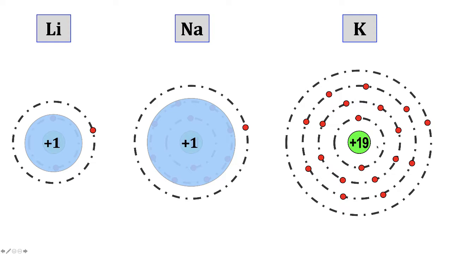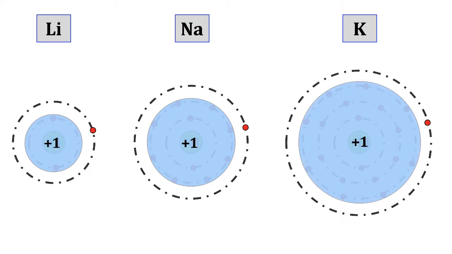Exact same idea, but with different numbers for potassium. 19 protons surrounded by 2 electrons in the first shell, 8 electrons in the second shell, 8 electrons in the third shell, 1 valence electron in the fourth shell. That also gives us an effective nuclear charge of plus 1 because 18 electrons in inner shells are shielding 19 protons in the nucleus. And it's probably pretty obvious what effect this has on size.